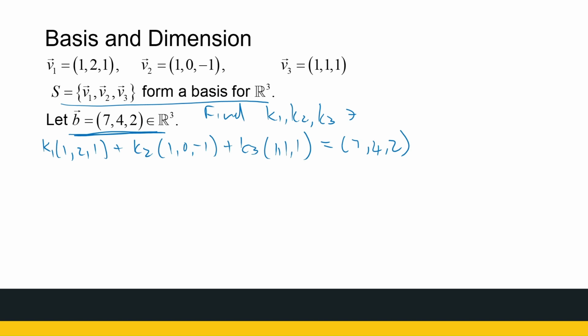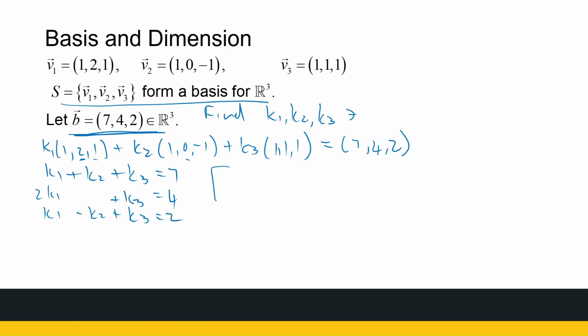Now we're just going to look at the process. If I write this vector equation as a system, I get 1k1 plus 1k2 plus 1k3 is equal to 7. The second entry, 2k1 plus 0k2 plus k3, gives me 4. And the third entry, k1 minus k2 plus k3, must give me 2.